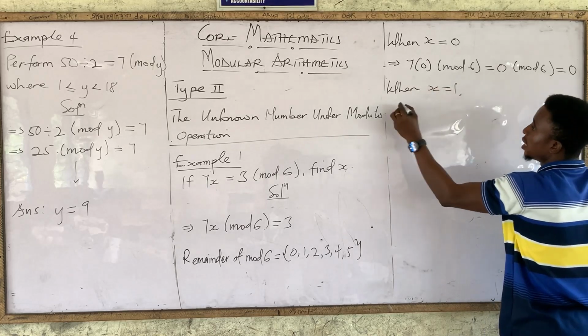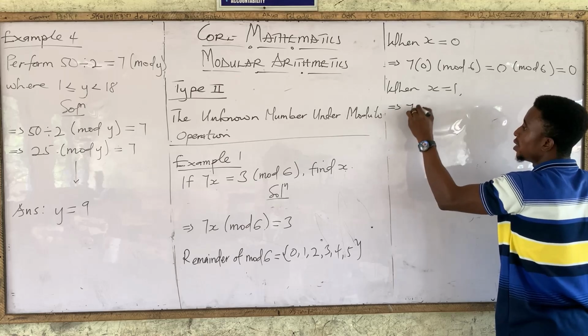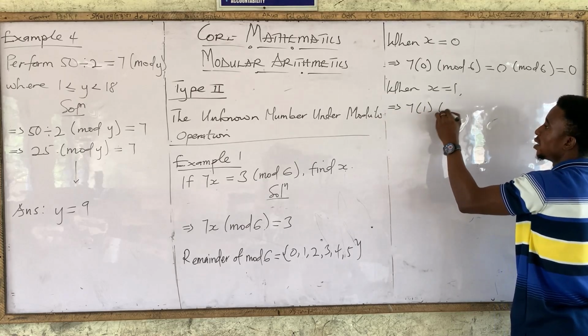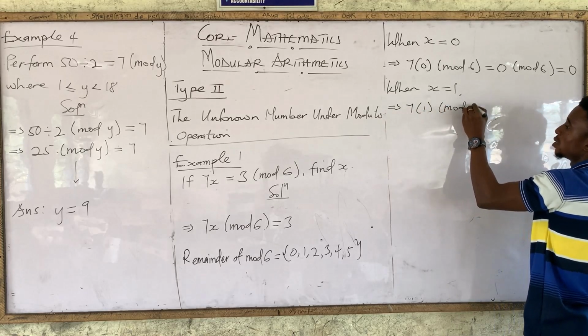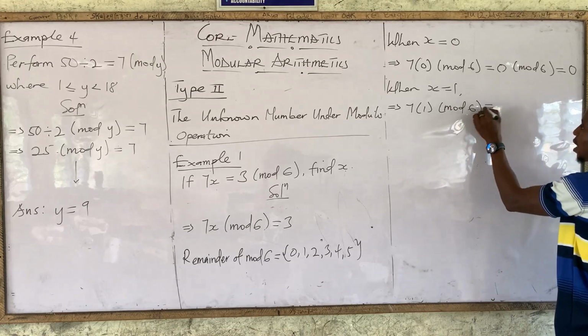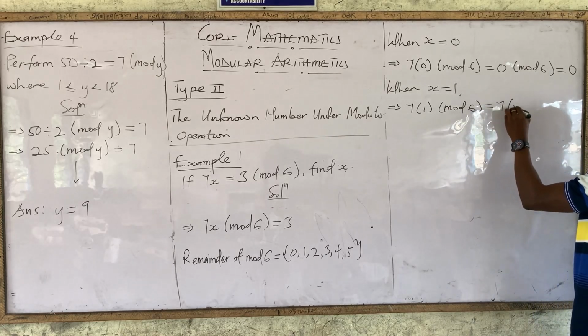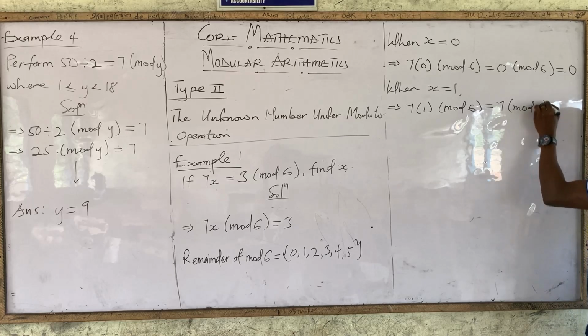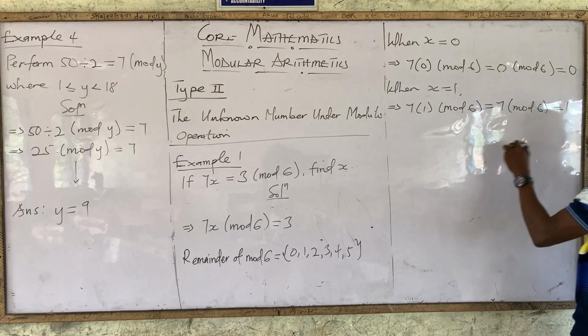Then we also take when x is equal to 1. Then that one gives us 7 into bracket 1 mod 6, which is 7 mod 6. And I hope you said that one is 1, right?